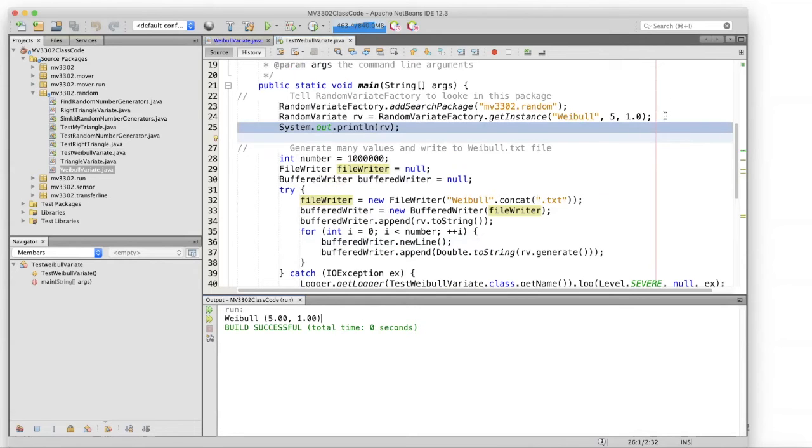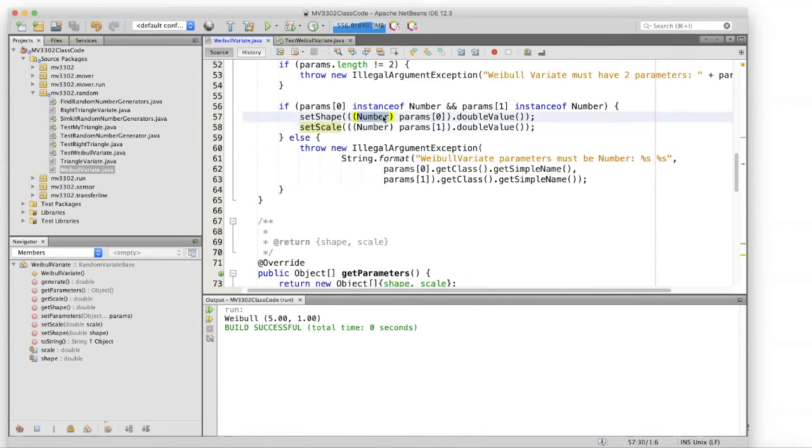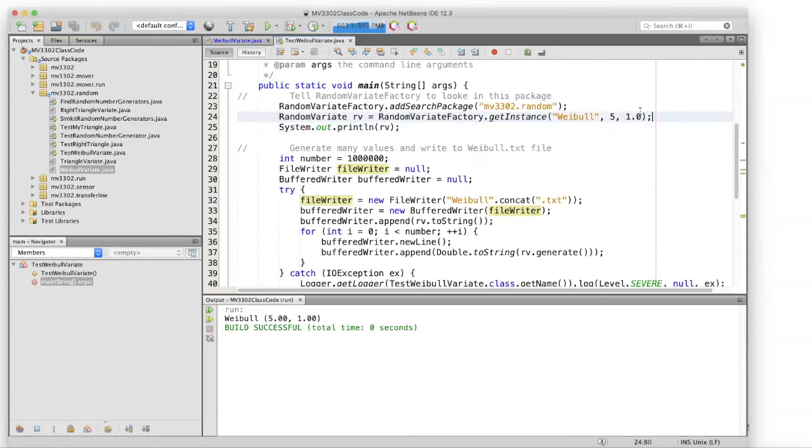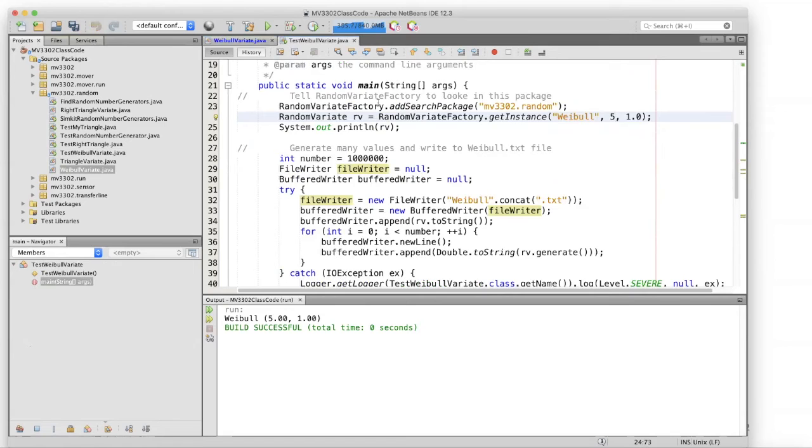See, here's the thing. Notice that here I said number, not double, even though I'm using doubles. You have to be a little careful. So for example, here, I gave the shape parameter as an integer. If I were to cast this as a double, which I could, I'm now going to get an error.